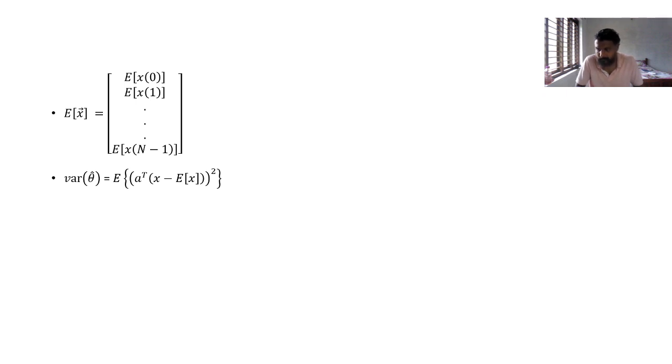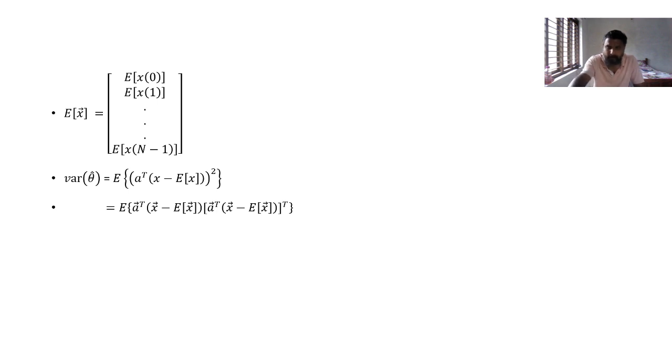I have just taken A transpose outside, so that changes to the expectation of A transpose times x minus expectation of x, into x minus expectation of x transposed, times A.